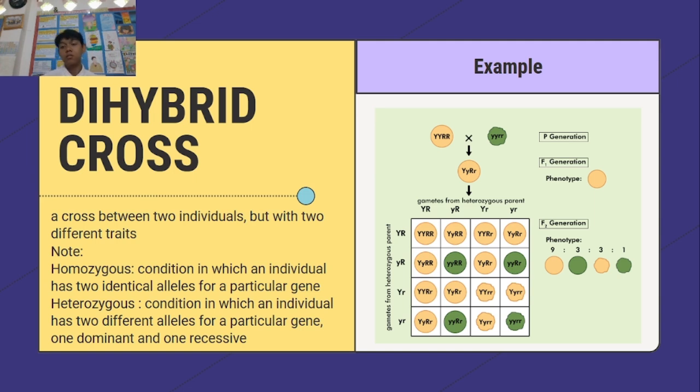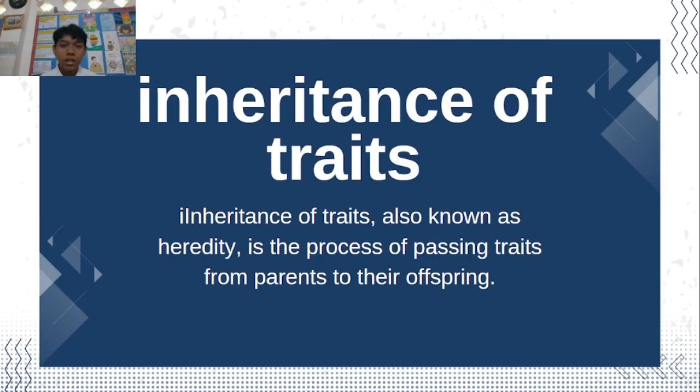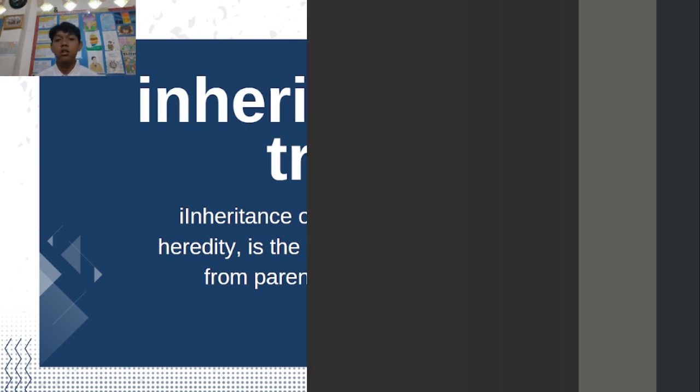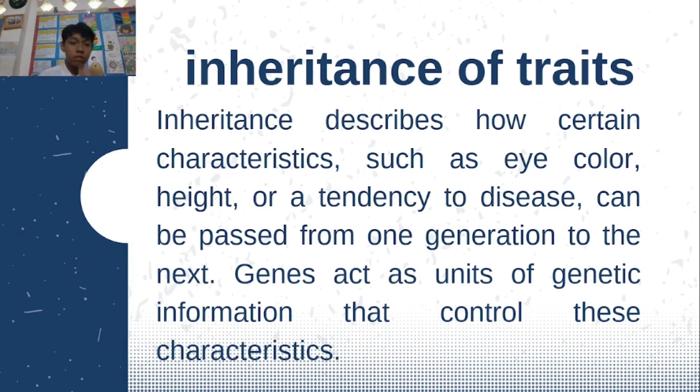The next topic is inheritance of traits. Inheritance of traits, also known as heredity, is the process of passing traits from parents to their offspring. Inheritance describes how certain characteristics such as eye color, height, or tendency to disease can be passed from one generation to the next. Genes act as units of genetic information that control these characteristics.